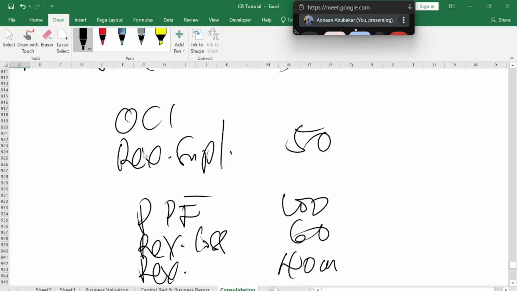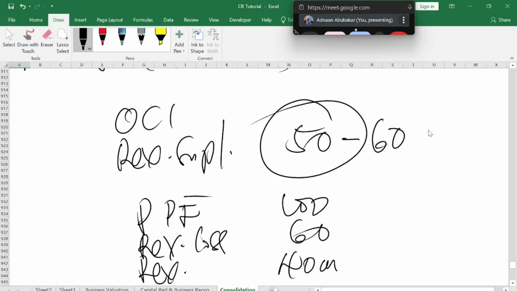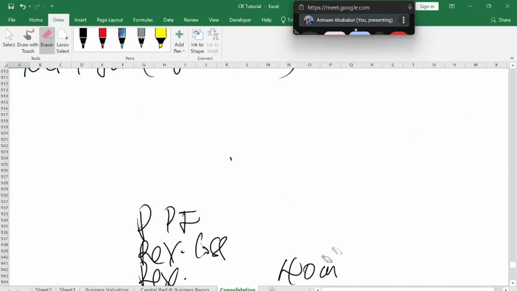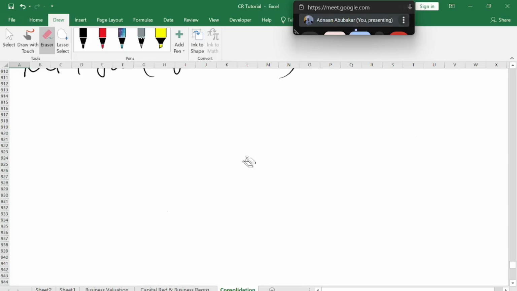When you bring it to the OCI, you already have an existing revaluation gain here, but the loss that you have here is more than the gain here. Do you understand? So when you net off the 60 million, you realize that you still have minus 10. So this minus 10 will go to the profit and loss account. These are some of the things that, as a chartered accountant, you should know.